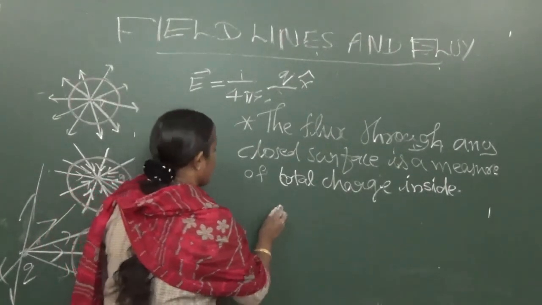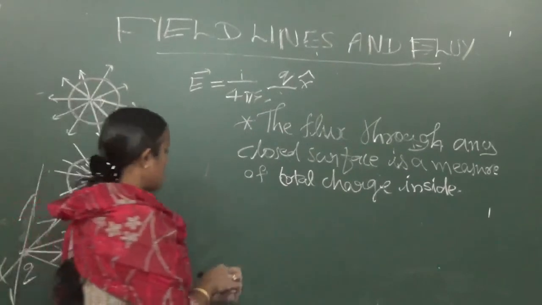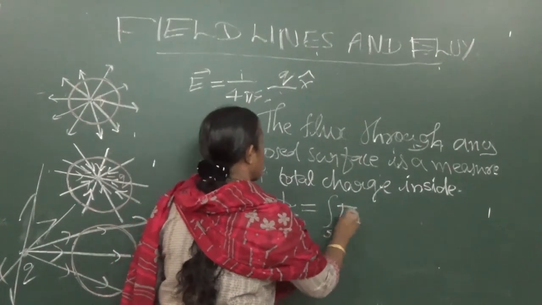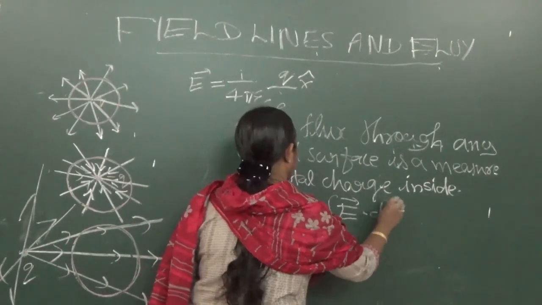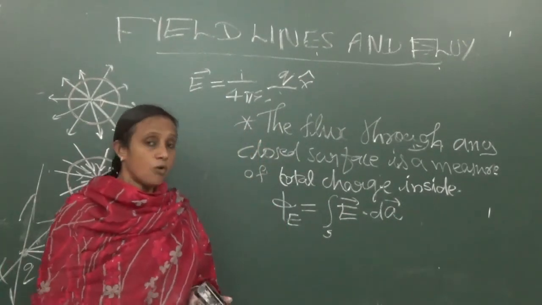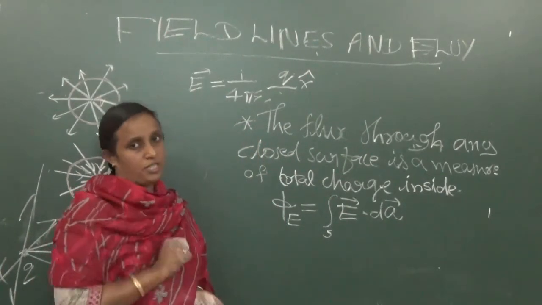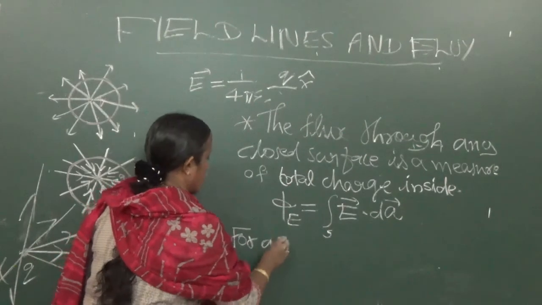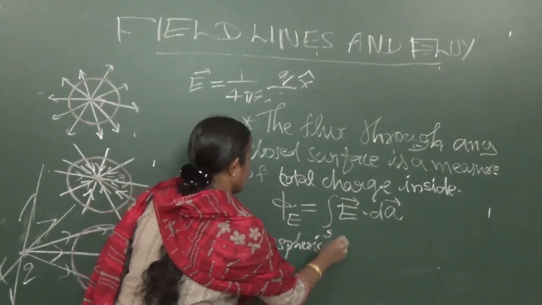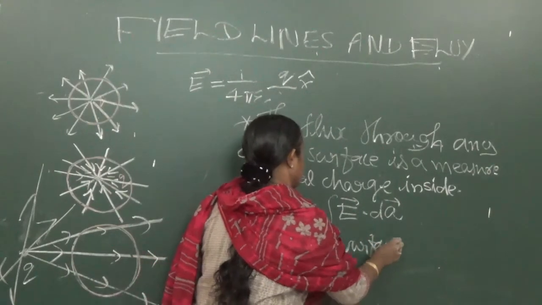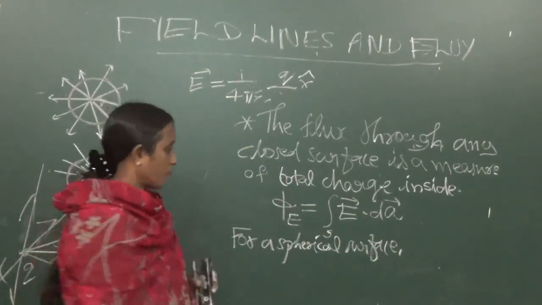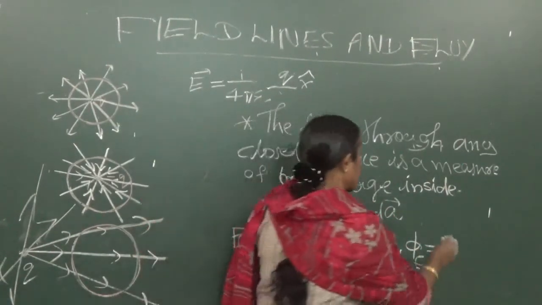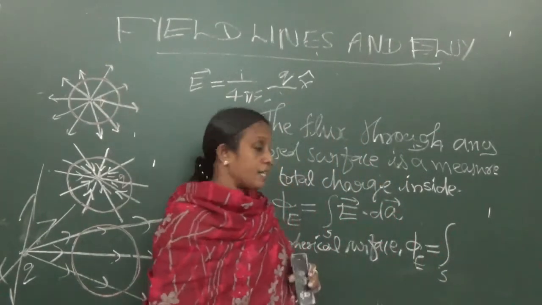For that, we already defined flux such that electric flux equals the surface integral of E dot dA. Now consider a spherical surface and a point charge. In that context, for a spherical surface, the flux is given by the surface integral of E dot dA.